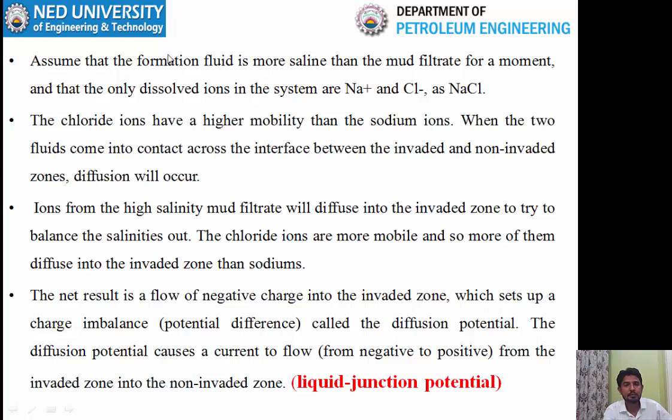So this is basically a summary that assumes that the formation fluid is more saline as compared to the mud filtrate for a moment, and that the only dissolved ions in the system are sodium ions and chloride ions as NaCl. The chloride ions have a higher mobility than the sodium ions. So when the two fluids come in contact across the interface between the invaded and the non-invaded zone, diffusion will occur.